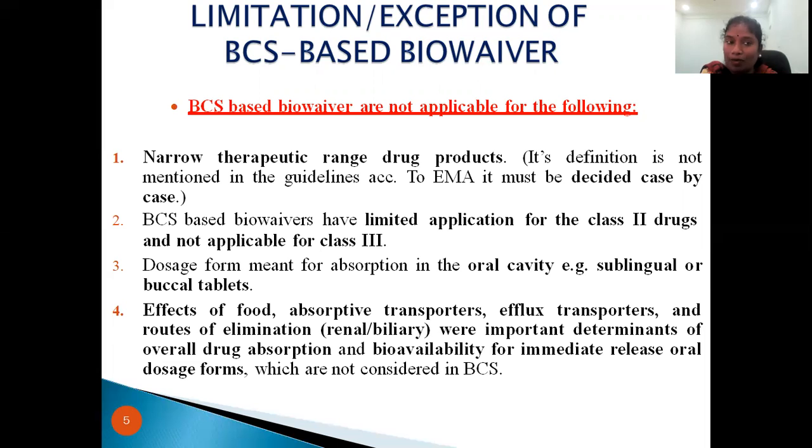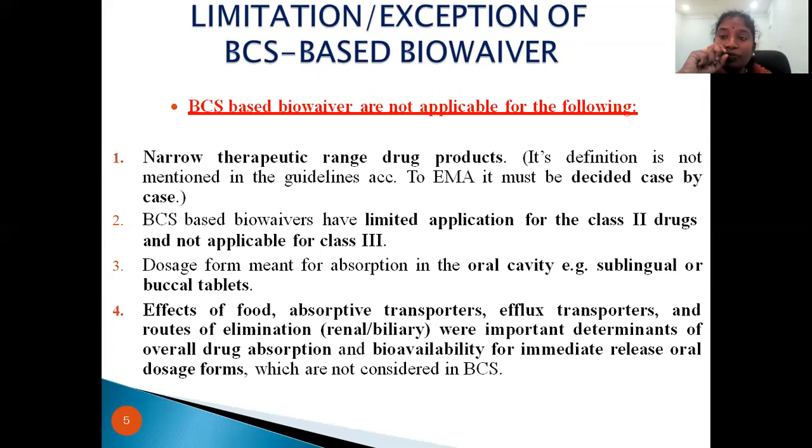Some drugs should have a narrow therapeutic range, and the narrow therapeutic range only gives the best results. Otherwise, if you are taking beyond the therapeutic range of the same drugs, it will give toxicities. Those drugs are not suitable for biowaivers.